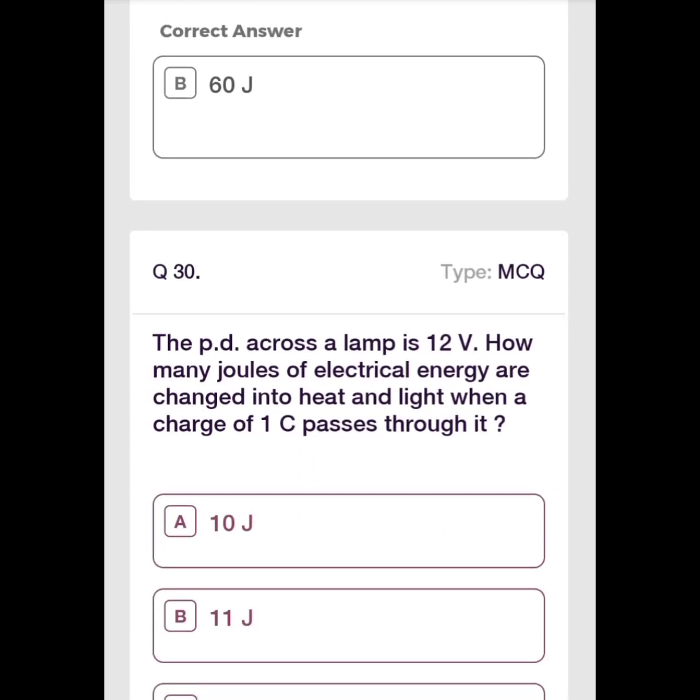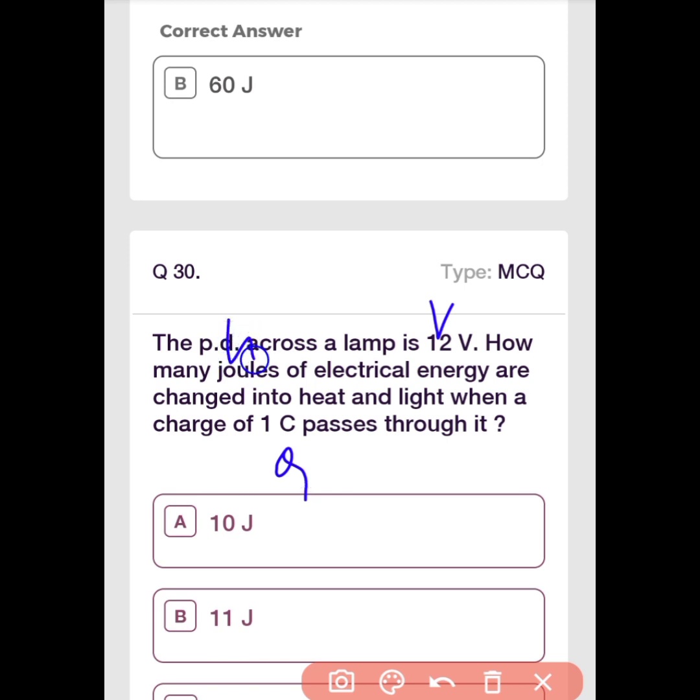The potential difference across the lamp is 12 volt. How many joules of electric energy are changed into heat and light when a charge of 1 coulomb passes through it? So here what is given? Voltage is given, charge is given.